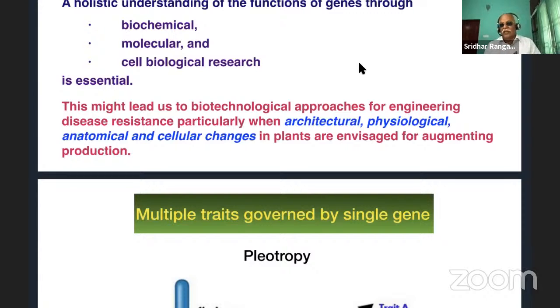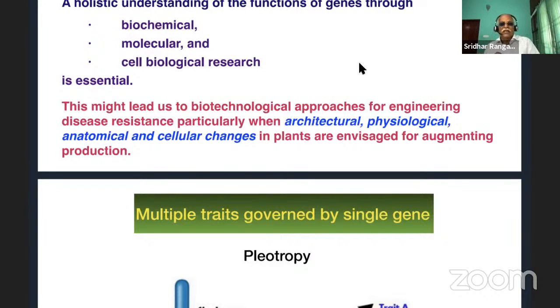This morning, I think Dr. T.R. Sharma made a mention of effector biology. Now, this is a well advanced field: what the type of effector is, how the protein-protein interaction takes place, or how the protein-DNA complex is formed.